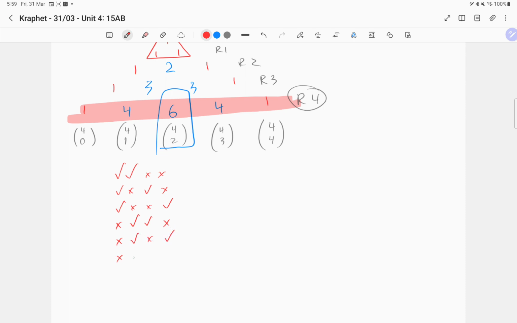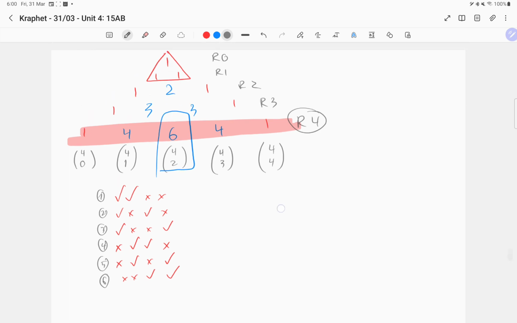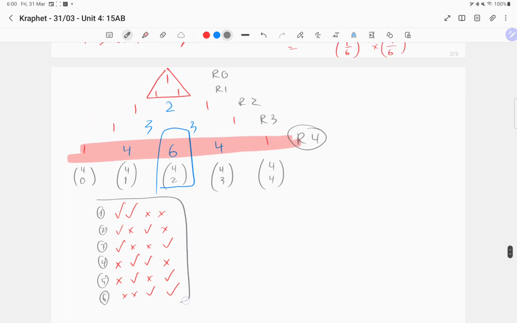And after that would be failure, failure, and then the last 2 are successes. So that's scenario number 1, 2, 3, 4, 5, and 6. There are 6 ways to arrange the scenario so that you have 2 successes out of 4. So that's an example of proving the results from Pascal's triangle.